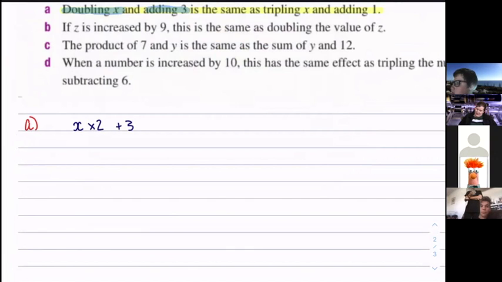And then they're saying is the same. Whenever they say is the same, that's the equal sign. And then tripling x is x times 3. And adding 1, plus 1. Now, we wouldn't write it like this in maths. We would write 2x plus 3 equals 3x plus 1.